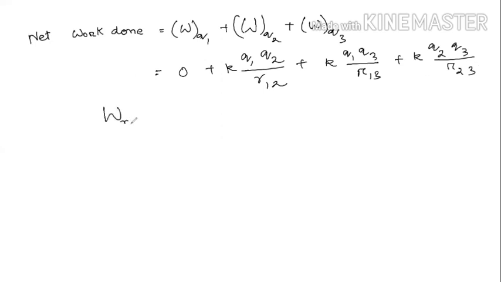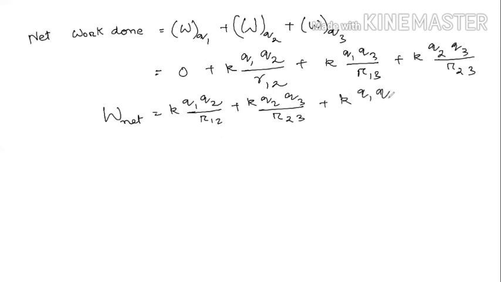So my net work done is K Q1 Q2 by R12 plus K Q2 Q3 by R23 plus K Q1 Q3 by R13.